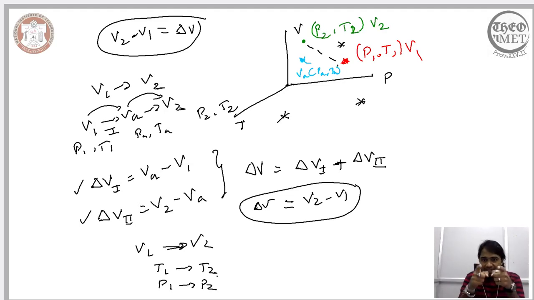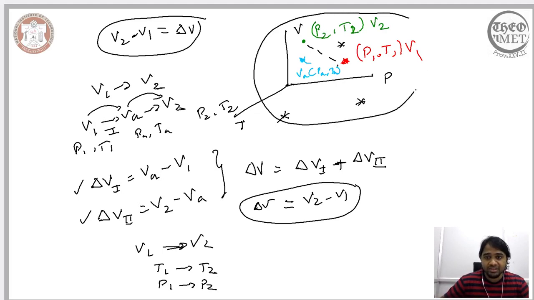Now, this theoretical consideration has helped us understand that when your system is exclusively described by state variables alone, it is possible for us to consider any number of intermediate states. Instead of treating V1 to V2 as a single change in the state of the system, we can consider V1 to VA and then VA to VB and ultimately V2.